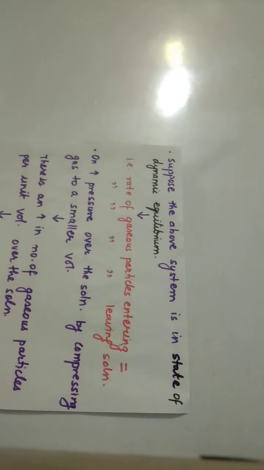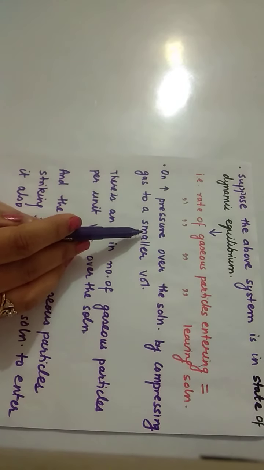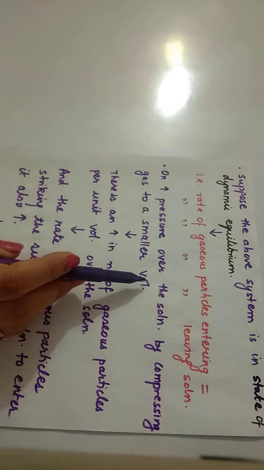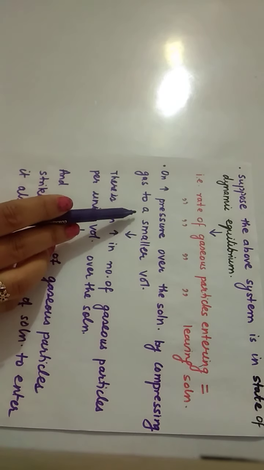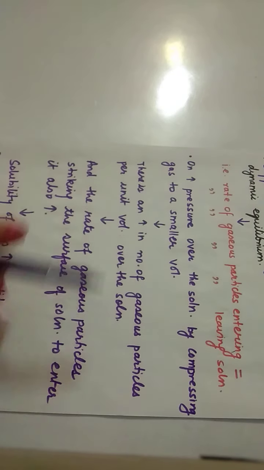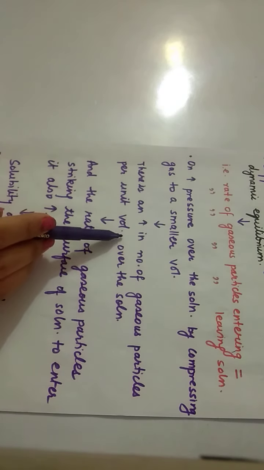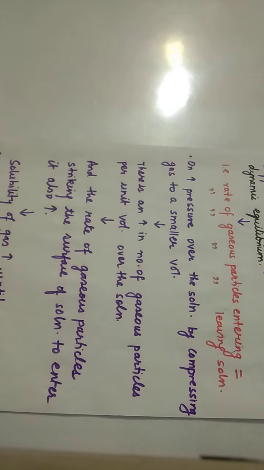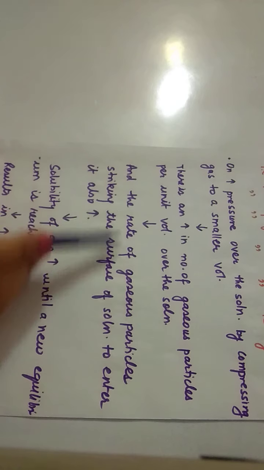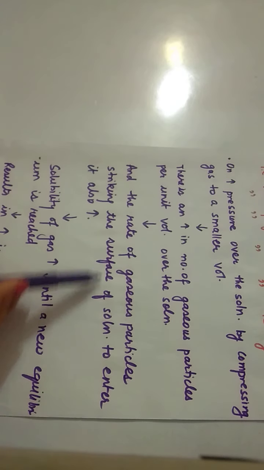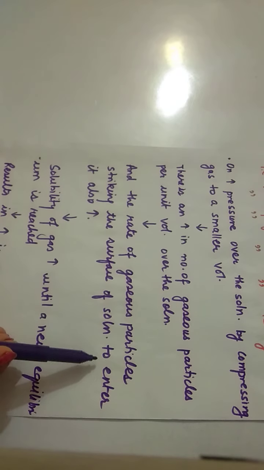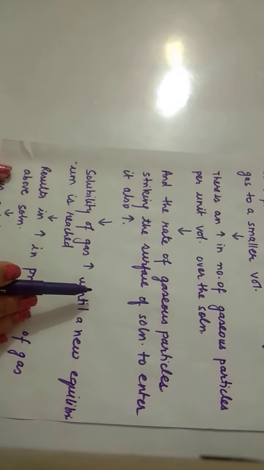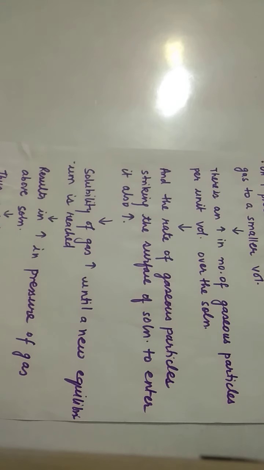They were earlier equal, and if you apply more pressure over the surface of solution, then the gas volume becomes small, and the number of gas particles over the surface of solution will also increase, as a result of which the rate of gaseous particles striking the surface of solution will increase, and the solubility of gas will increase until a new equilibrium is reached.